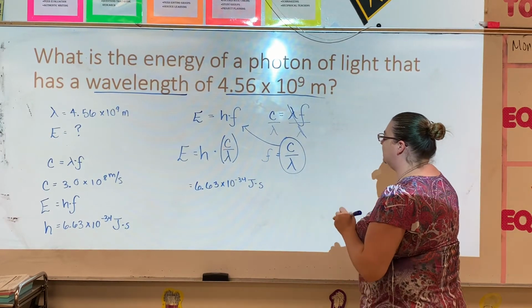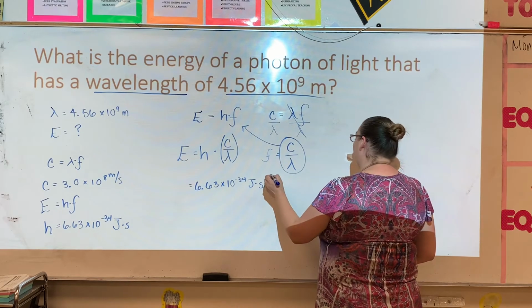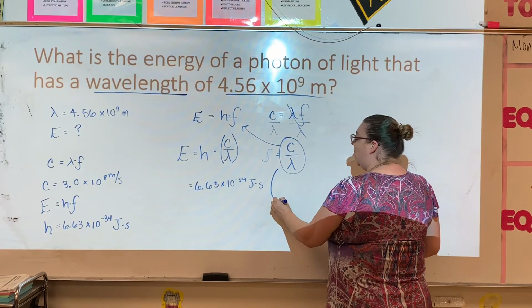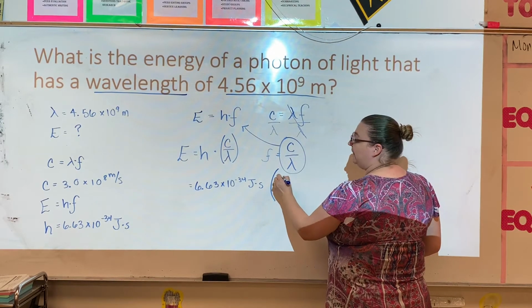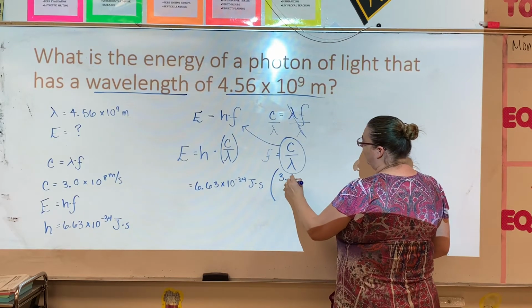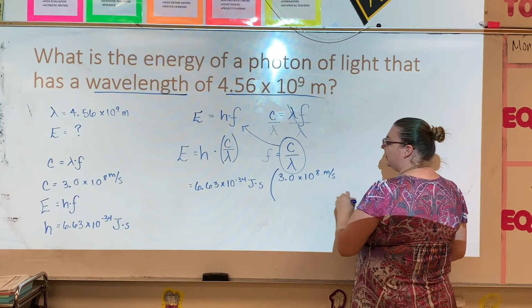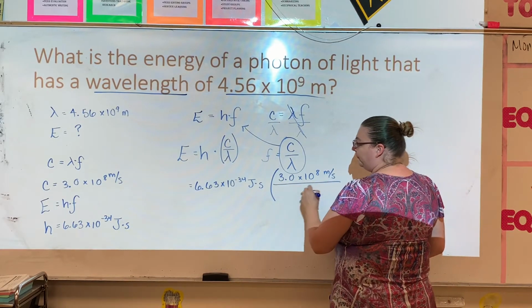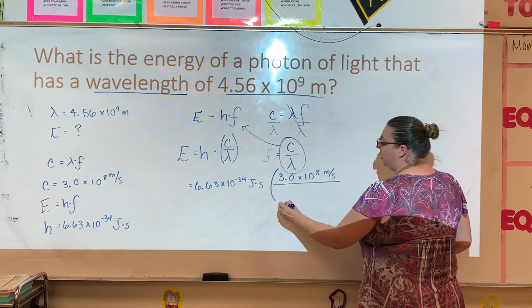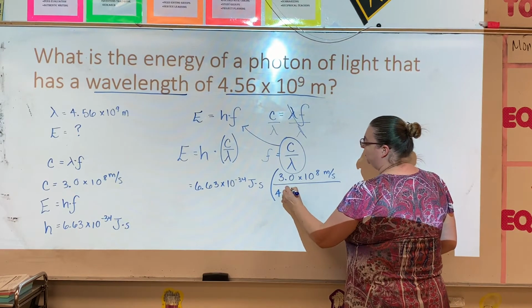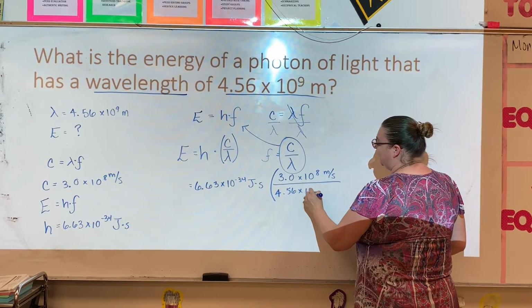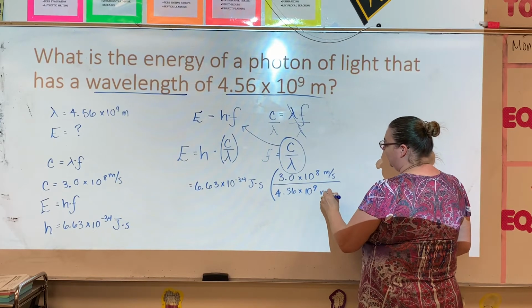This is science, not math, and we have to show how the math applies to the unit. We're going to multiply that times the speed of light, 3.0 times 10 to the 8th meters per second, divided by the wavelength, which is 4.56 times 10 to the 9th meters.